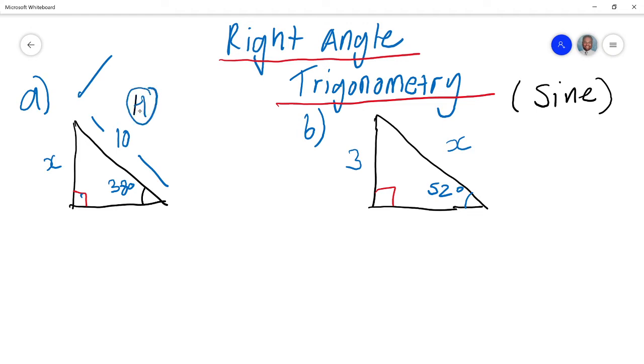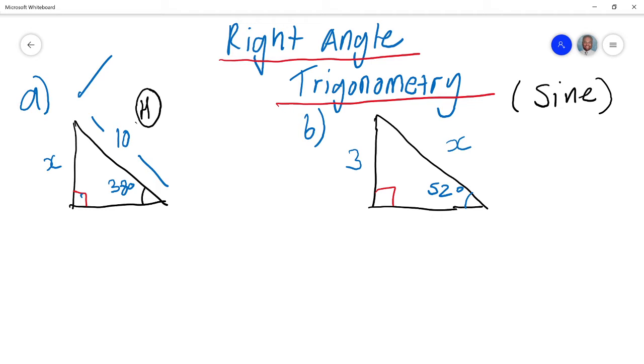Actually, it changed color. I wanted to use a different color. All right, so let's put 10 as your hypotenuse. All right, now we've got angle 38 degrees and we're told to find x. Now, our question is, is x opposite or adjacent? All right, so we need to identify.